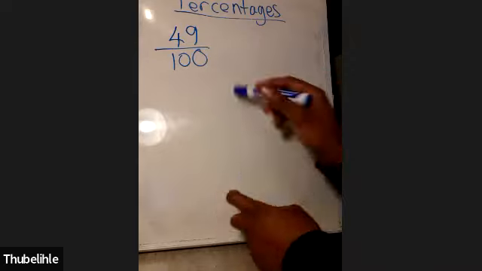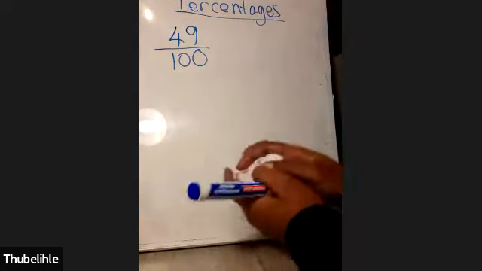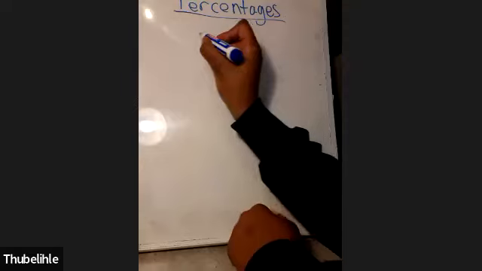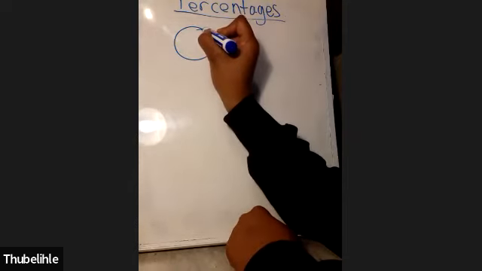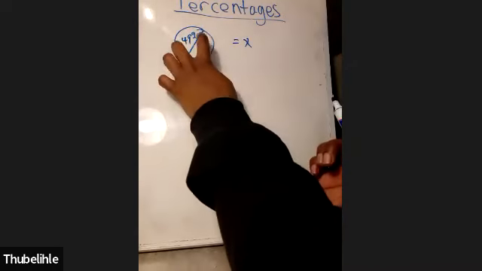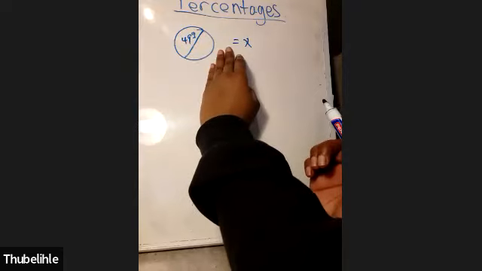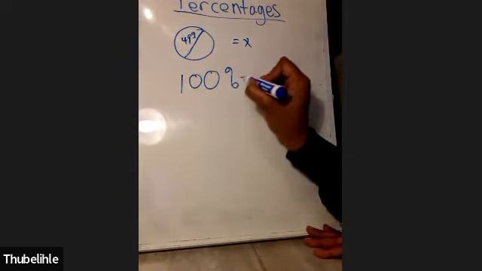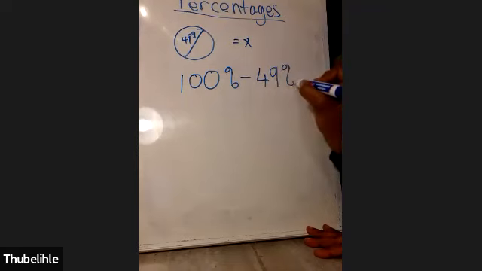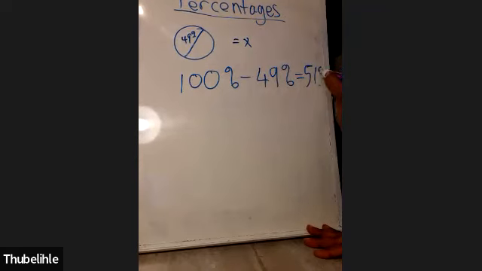So this is a population, we'll call it X. And this is 49%, they're HIV positive. So we want to find out the remaining half. So the full amount is 100. So we're going to say 100% minus 49%, and then we get 51%.